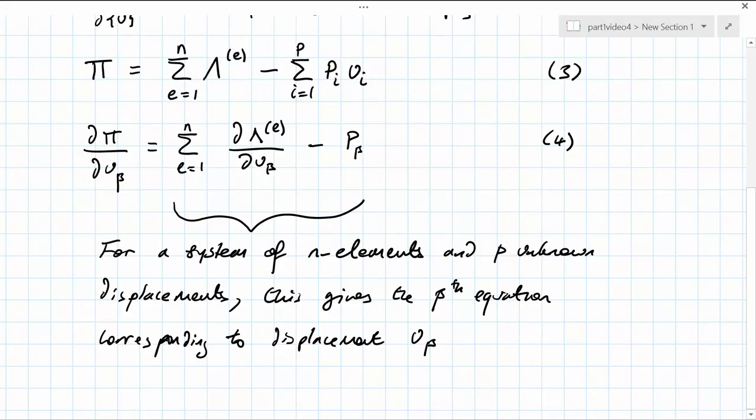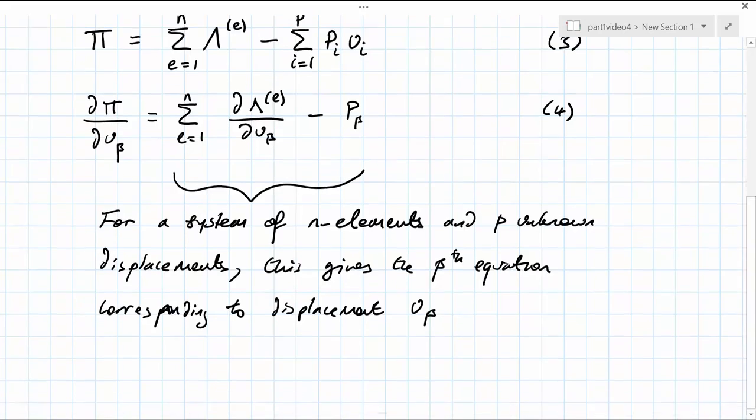So for a system of n elements and p unknown displacements, this gives the beta equation corresponding to displacement u beta.